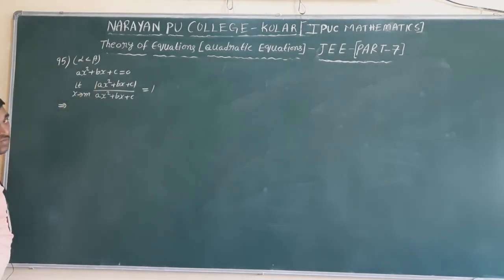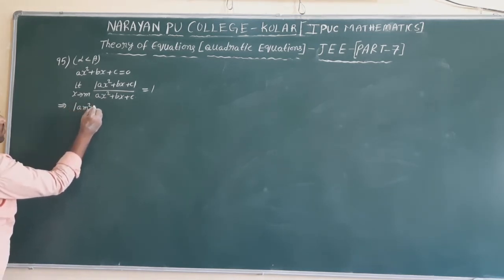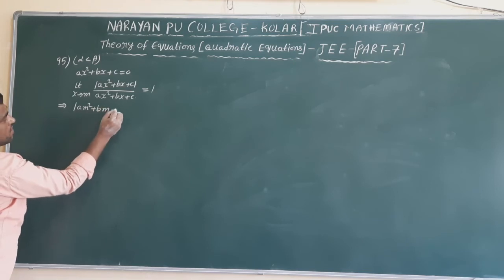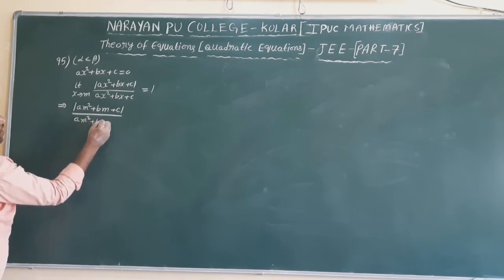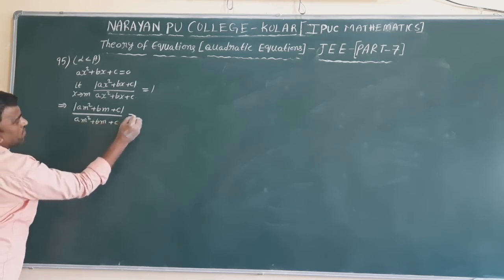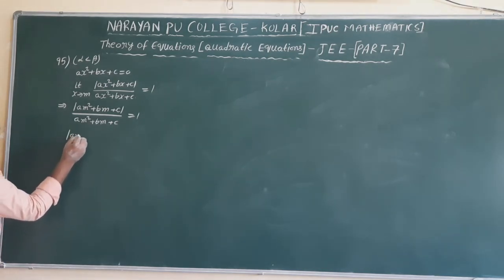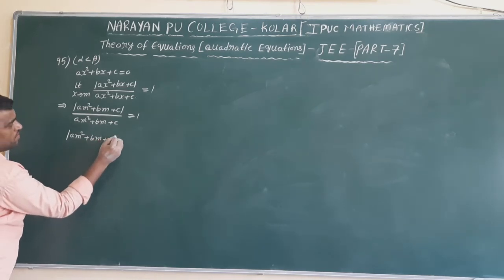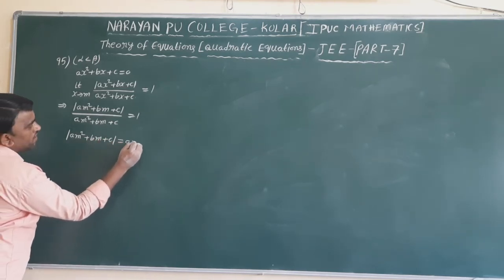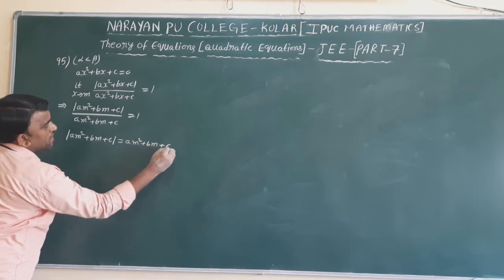Limit x tends to m, substitute: modulus of am square plus bm plus c divided by am square plus bm plus c equal to 1. Denominator value goes to the right side. Modulus of am square plus bm plus c is equal to am square plus bm plus c.